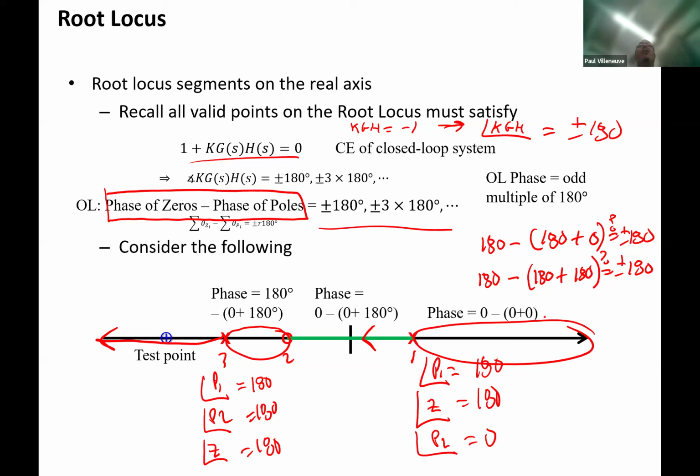Look at the count on the real axis. 1, 2, and 3. Can you generalize a statement about when a root locus exists? Take a look at where the root locus exists on the real axis.